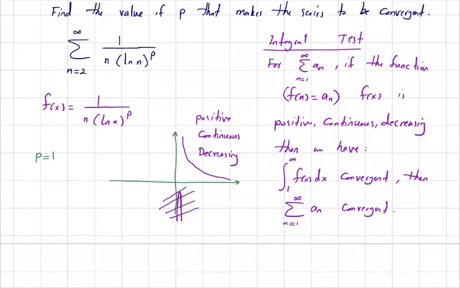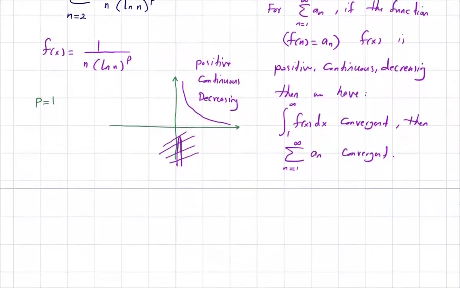If you plug in p equals 2, for example, you get the following graph. These are not very accurate, so if you want to see a more accurate graph, I highly encourage you to use Desmos or any other graphing device that you're using.